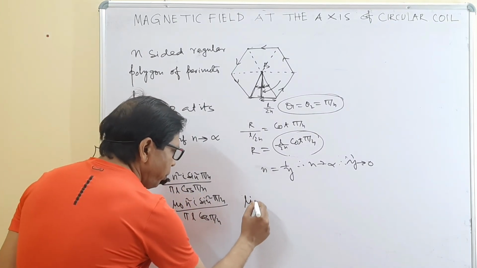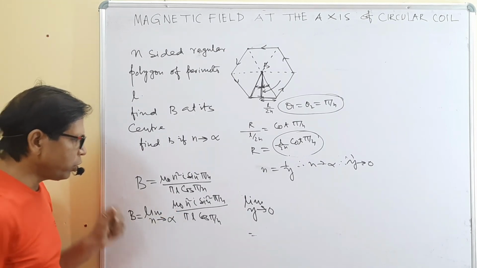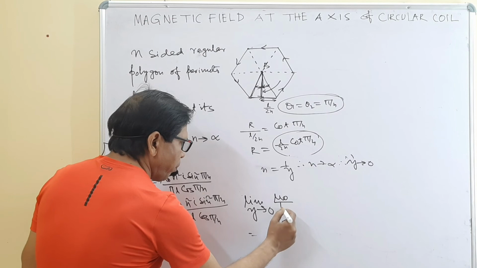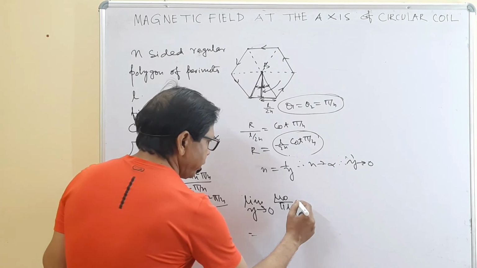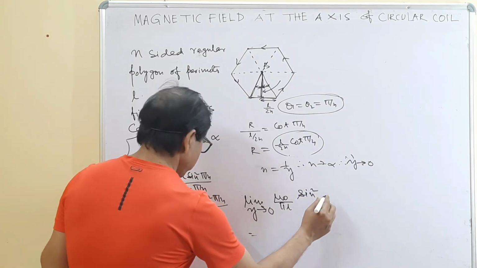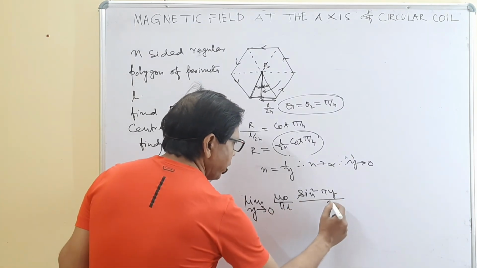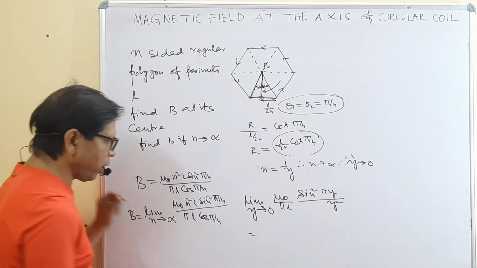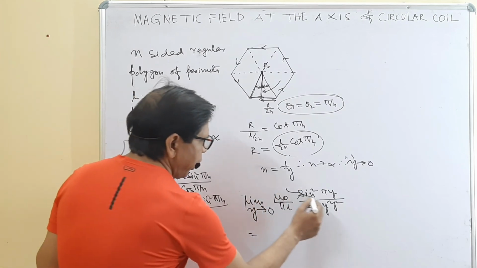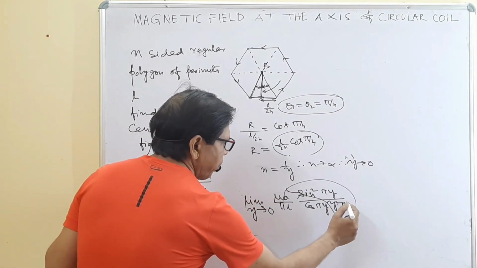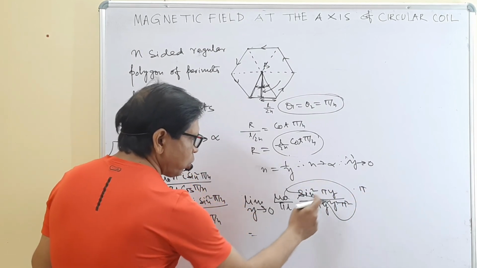So the limit as y tends to 0 of mu naught by pi L times sine square pi y divided by y square cos pi y. Now look at this expression: if we multiply by pi square, sine pi y over pi y is 1, and cos pi y is also 1.